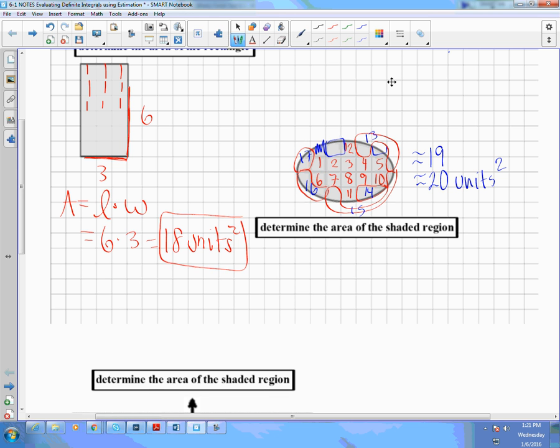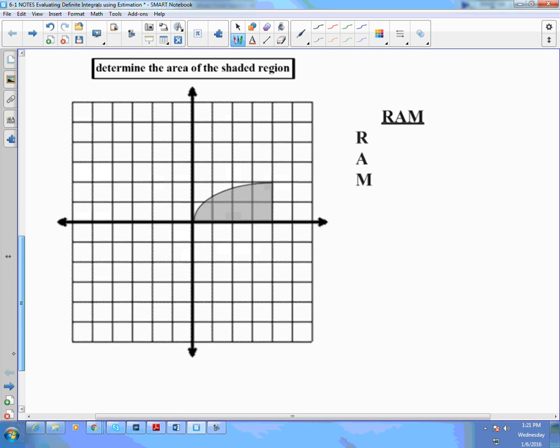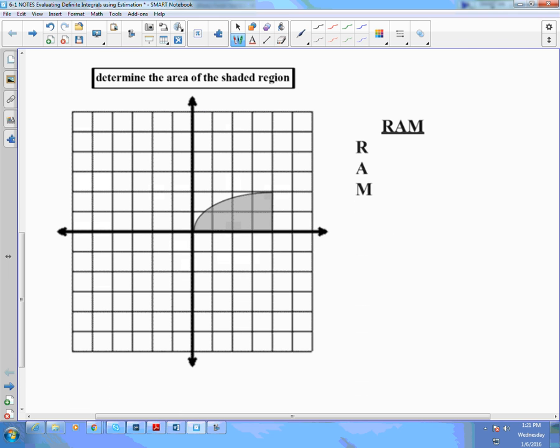Down below, we have a function. What does this function look like? Square root function, right?